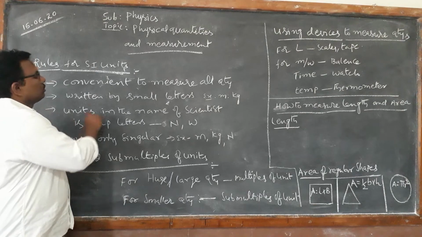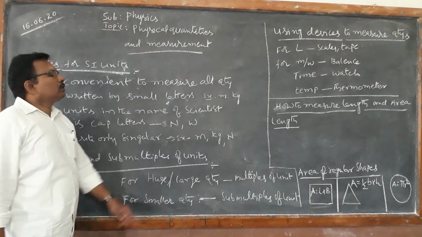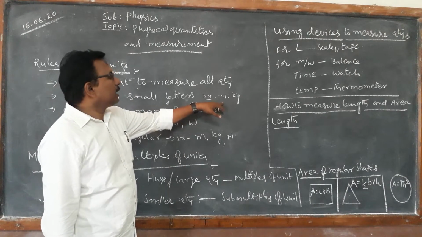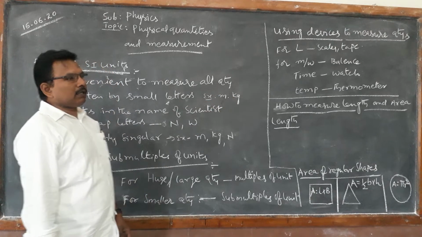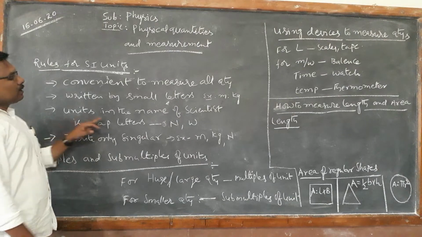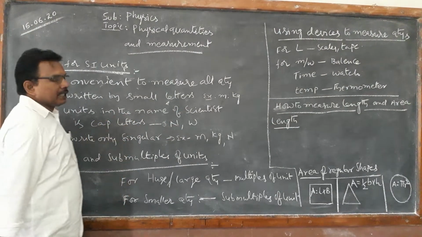Second one, units are written only in small letters. Example: meter, kg, joule, like that. Next, units named after a scientist are written with capital letters.